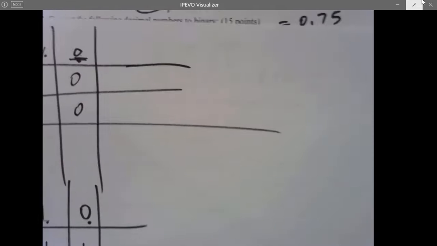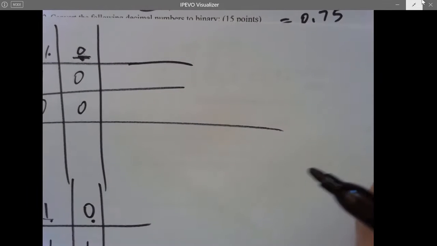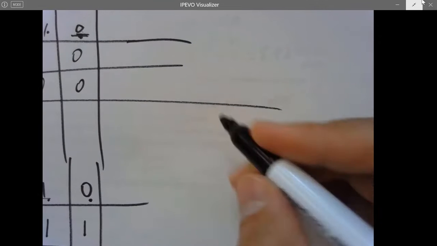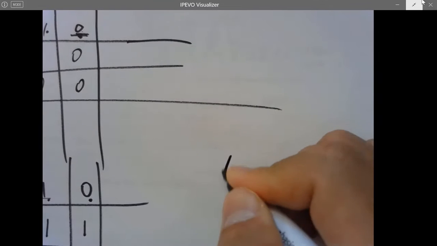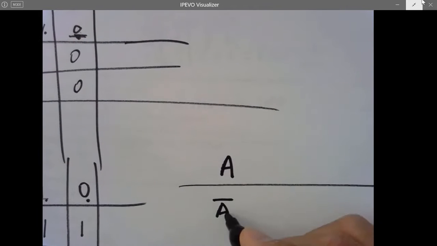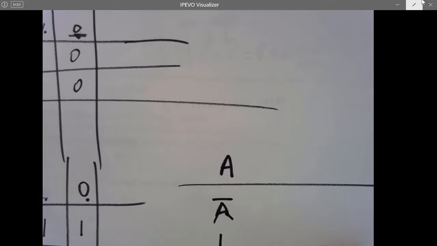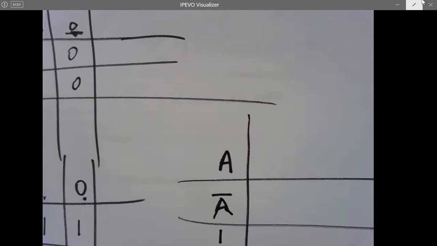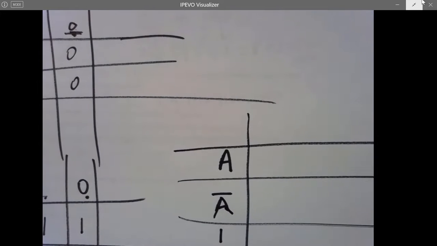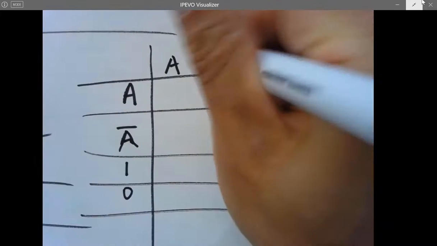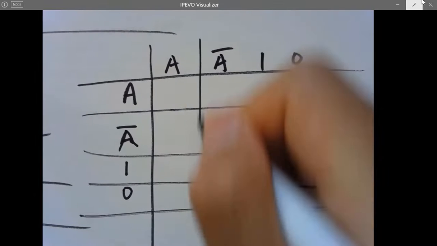Okay. So let's pick up the case A instead of 1 or zeros. So let's do this. A not, 1 0. This table. A not, 1 0.